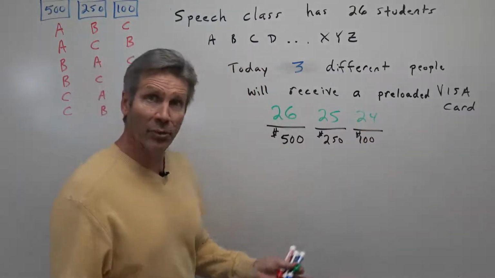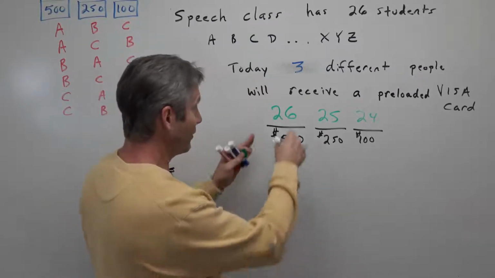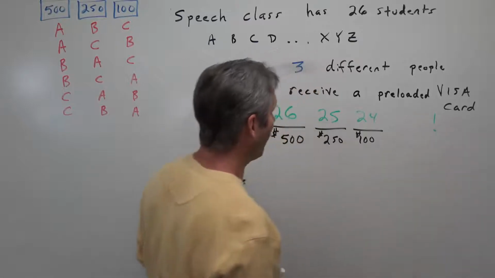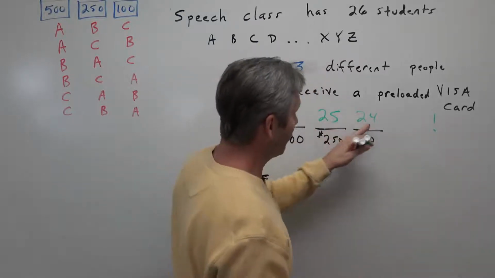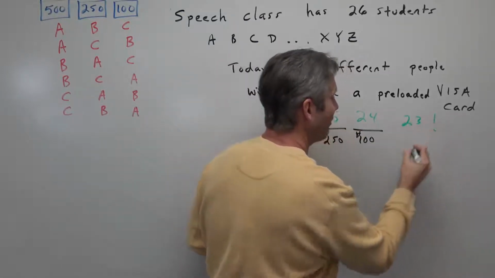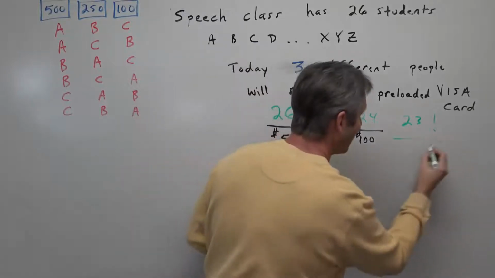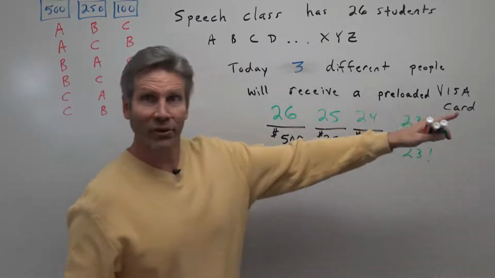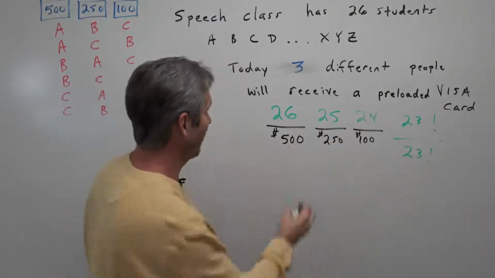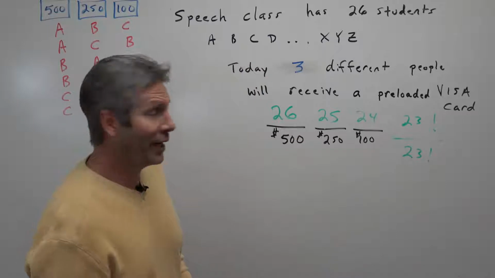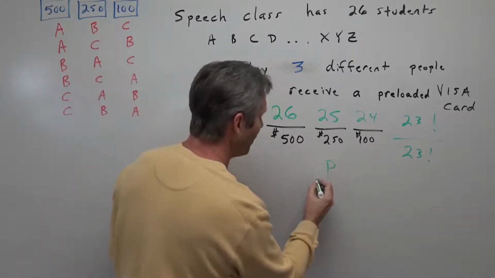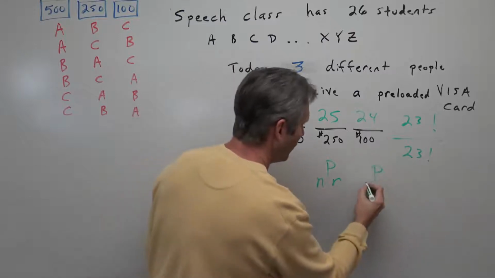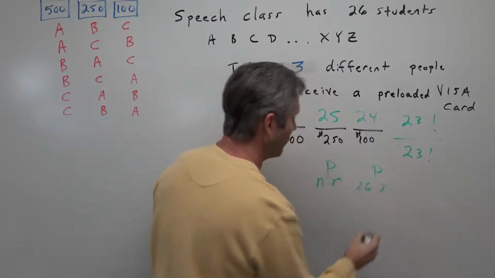This is the permutation formula, where since it's decreasing by 1, we could take 26 factorial, which is 26, 25, 24 times 23 factorial, and divide it by 23 factorial. If we did 26 factorial on the calculator divided by 23 factorial, we'd be left with this number right here. That is the permutation formula of n choose r things, in this case, permutation of 26 choose 3.